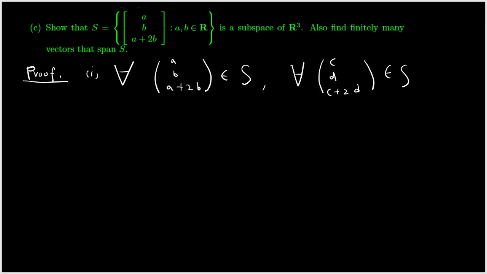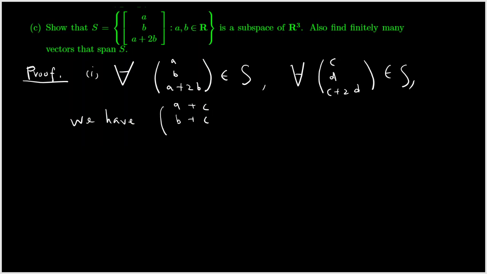We choose 2 arbitrary vectors from S. We want to compute the addition, the sum of the 2 vectors. We perform a vector addition. The first component is a plus c, and the second component is b plus d, right?